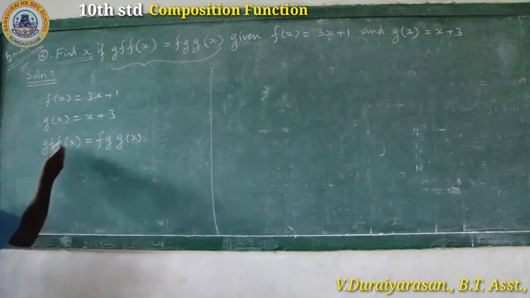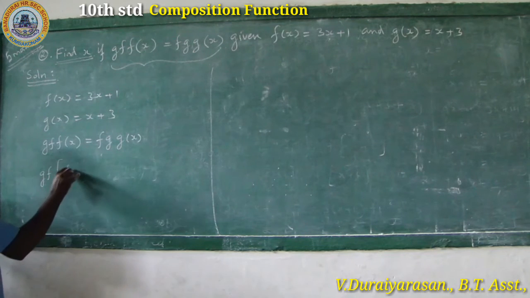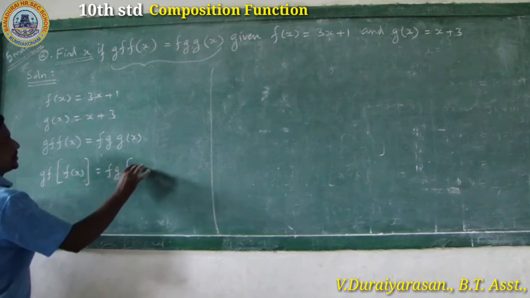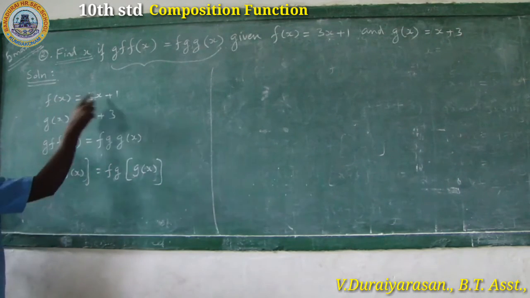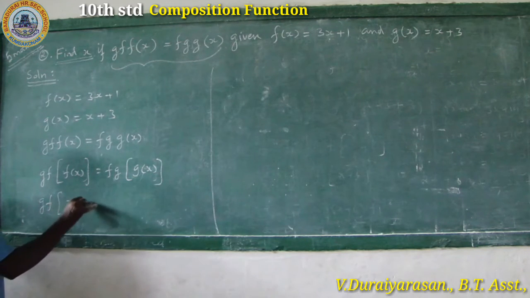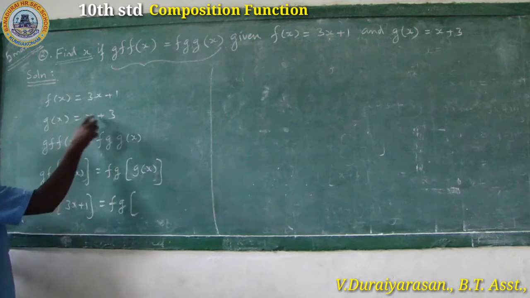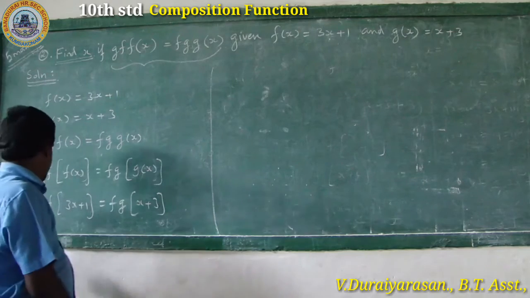We write the function g of f of x. Substitute f of x equal to 3x plus 1: g of 3x plus 1. The function g of x is equal to x plus 3.